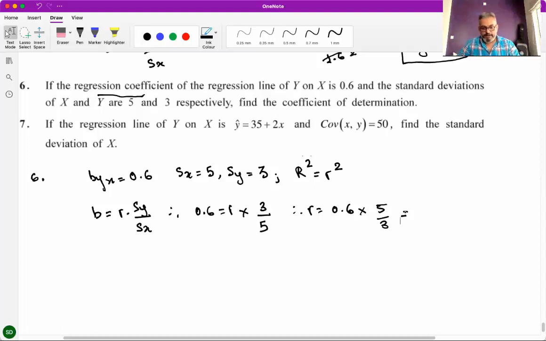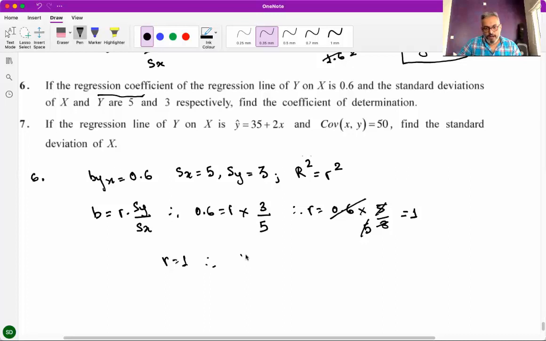So let's calculate. You can also do it this way: 0.6 into 5 is 3, 3 upon 3, which is equal to 1. So now r is equal to 1.